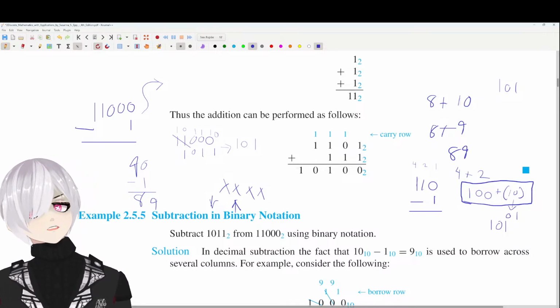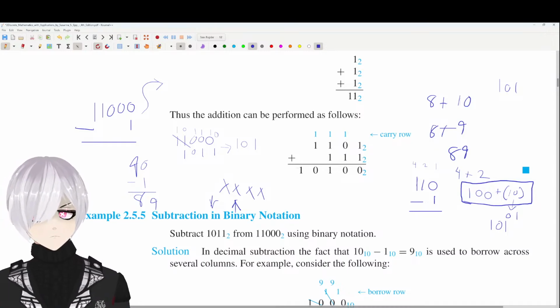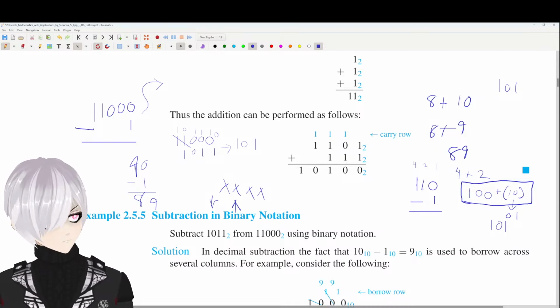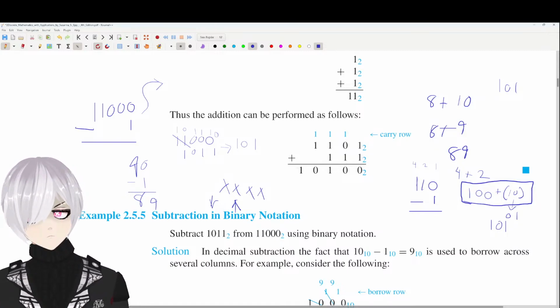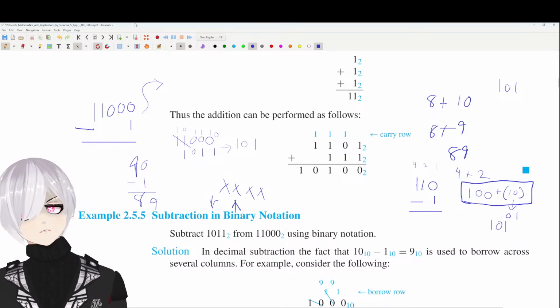And 101, that's what we want, because that's 1 times 2 squared, which is 4, plus 1 times 2 to the 0, so plus 1. So 4 plus 1 is 5, right?